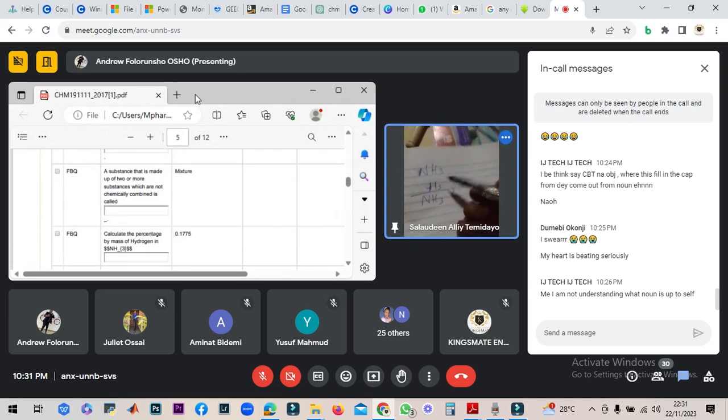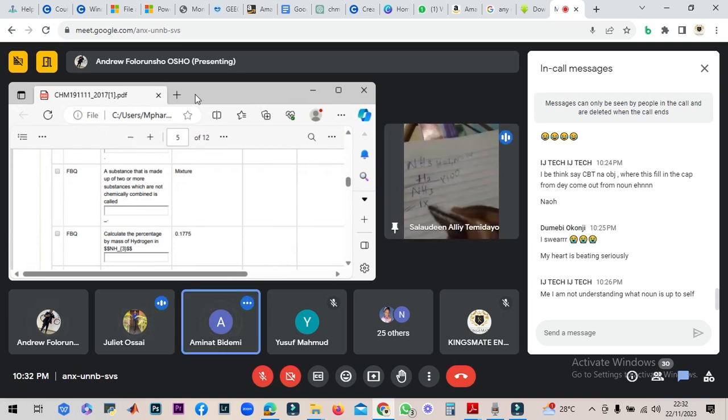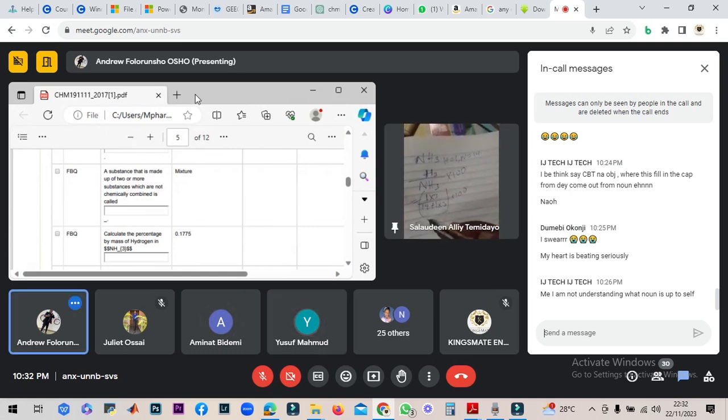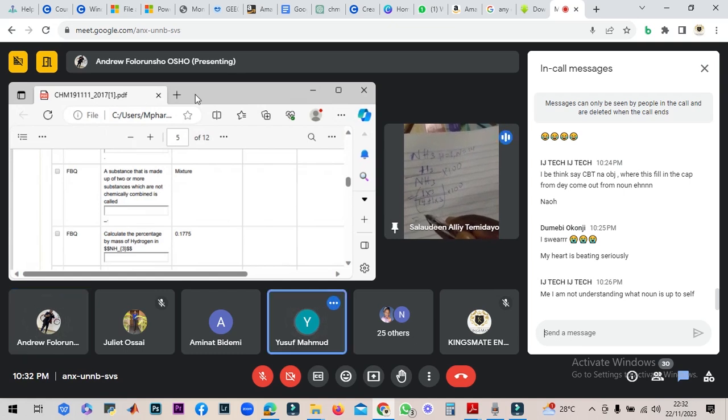This is the formula: mass of hydrogen over mass of the overall times 100. What is the mass of hydrogen? Hydrogen is 1. Nitrogen is 14. So I have 1 times the 3 that is there, 1 times 3 over nitrogen 14 plus hydrogen 3, times 100.